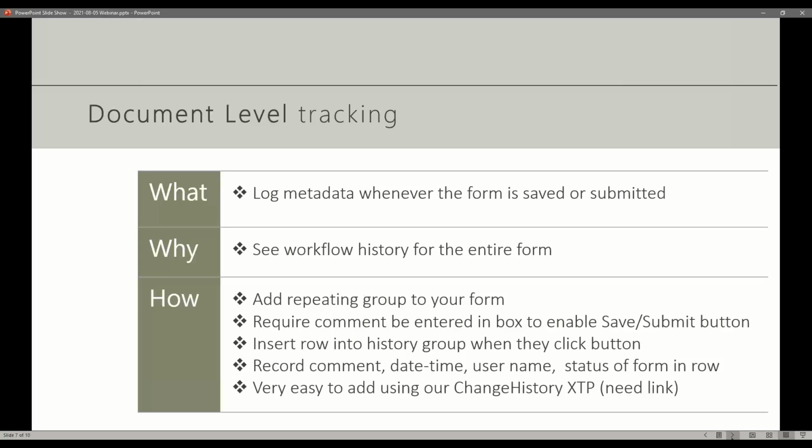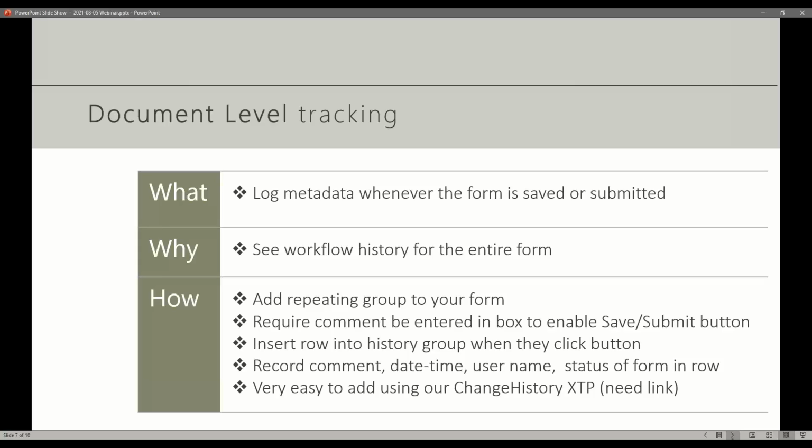Whenever that happens, you can require that the user enter a comment at that time, and that comment would be stored at the document level. You'd enter the date and time when they enter the comment, and if the comment was blank, you wouldn't allow them to click save or submit. So you're forcing them to add some comment when they submit it. And that becomes just a row in the history group, which is in the main data source.